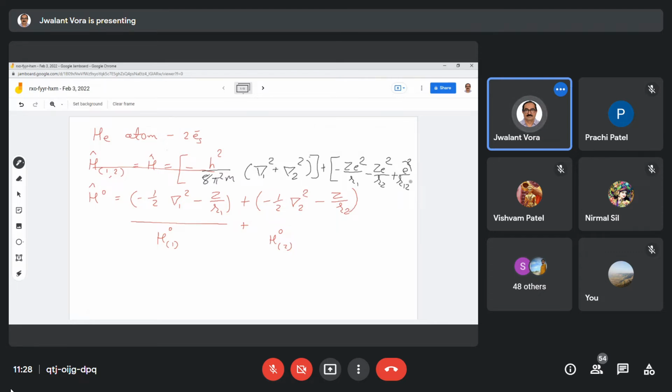This is the well-known Schrodinger equation that comes in the 12th standard. This is the 1 upon Rij term that has not been included in this case, and that was a drawback. That is a correction term that we need to include: H0 for electron 1 plus H0 for electron 2, and here 1 upon R12, the inter-electronic repulsion term.